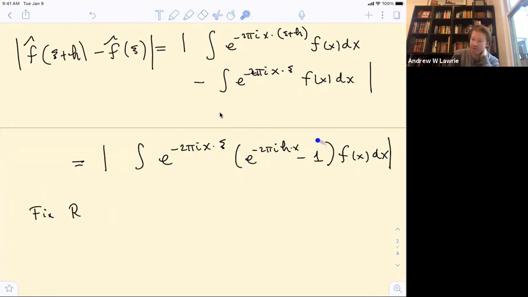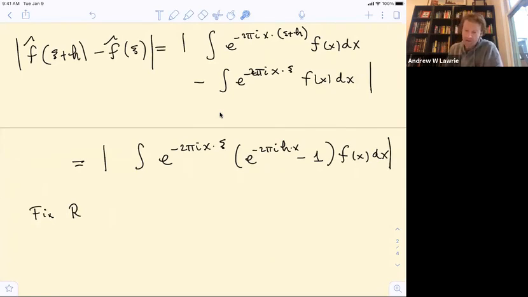But when is this small? This is a point on the circle, and it's close to 1 if this argument, this angle, is small. So if 2 pi h times x is small, well, h is small, I can make h small. But x might be very large. I have this problem with limits here: I'm making h small, but x is allowed to be very large. So x can go to plus or minus infinity.